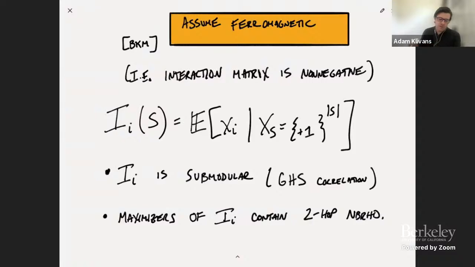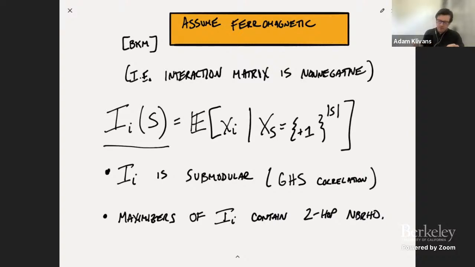And so the approach that Bresler, Koehler, and Moitra took in their paper was to assume that the RBM was ferromagnetic. Basically what that means is the interaction matrix is non-negative. And their idea was to form this potential function, this discrete influence function, that takes a set of variables S and outputs the expectation of xi conditioned on those variables all being set to positive.